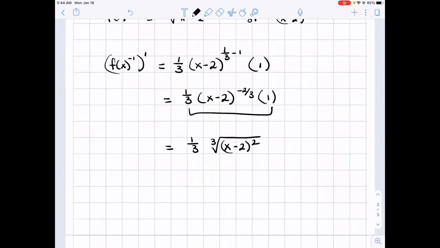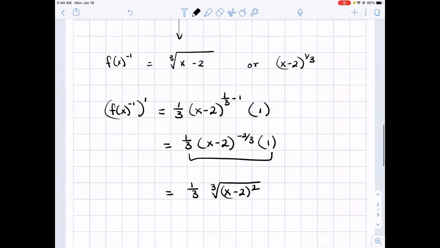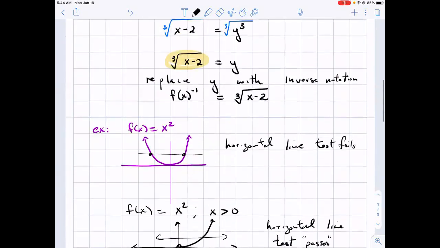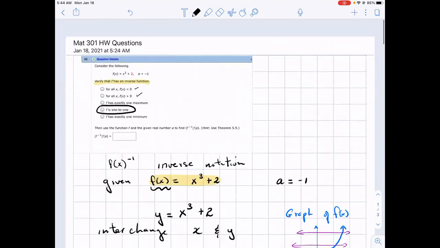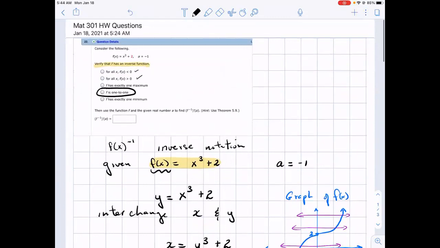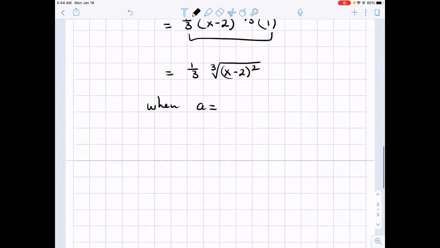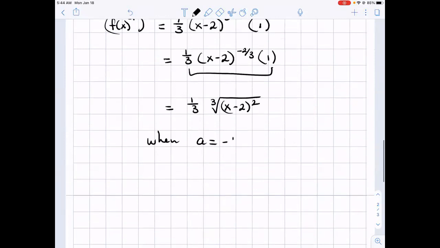Now they ask you to find the derivative when a is equal to minus 1 in your example. So a is equal to minus 1.